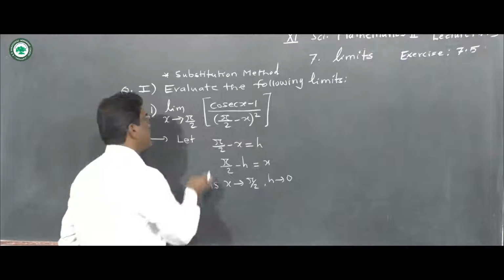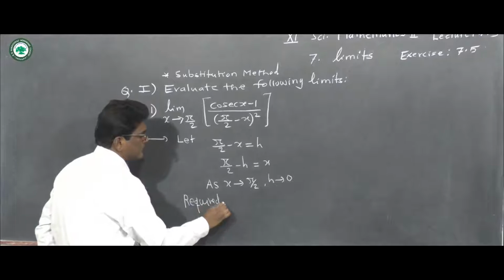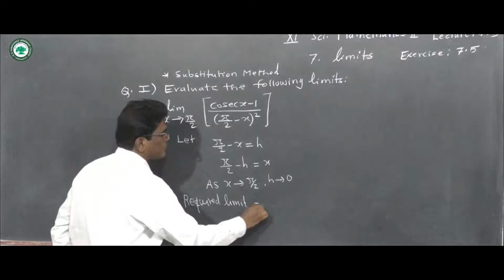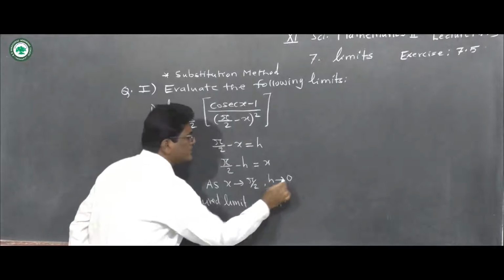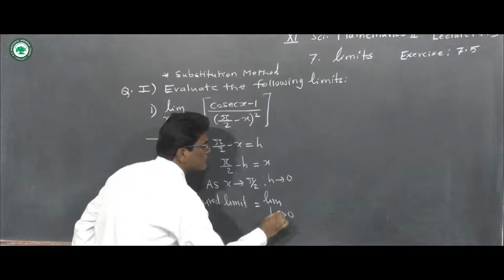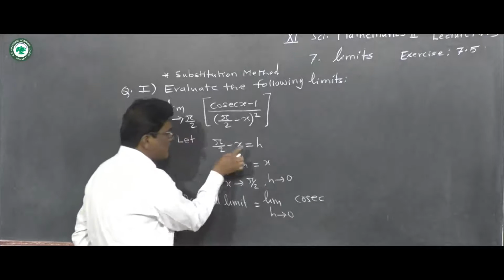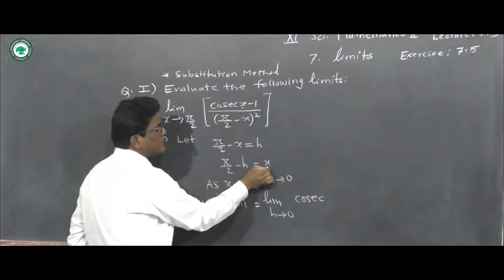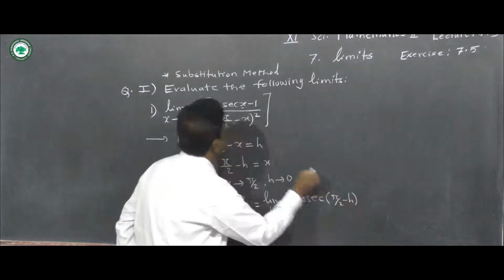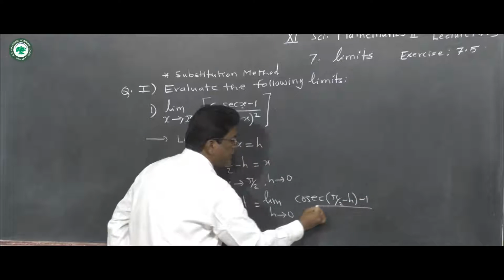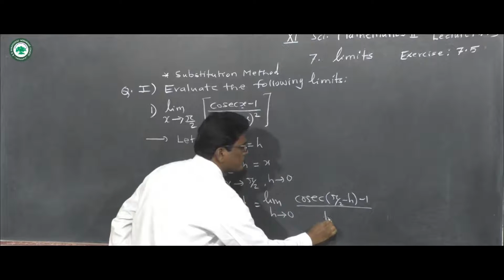Therefore the required limit is equal to limit as h tends to 0 after substitution, cosec of, in place of x we write pi by 2 minus h, minus 1, and divided by, since pi by 2 minus x is h, h square.